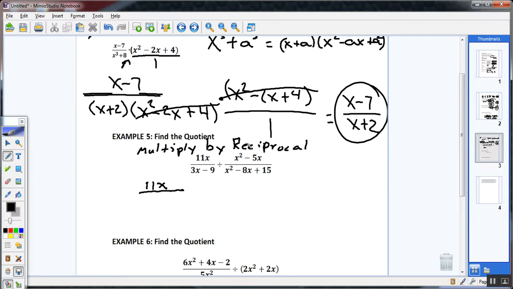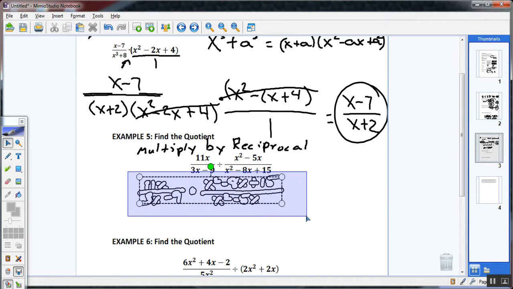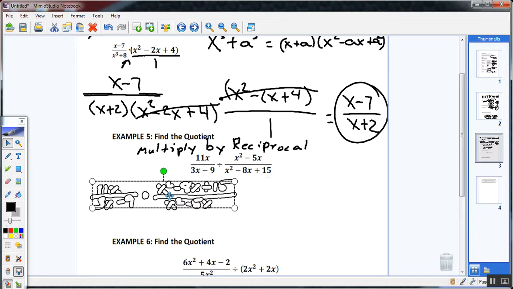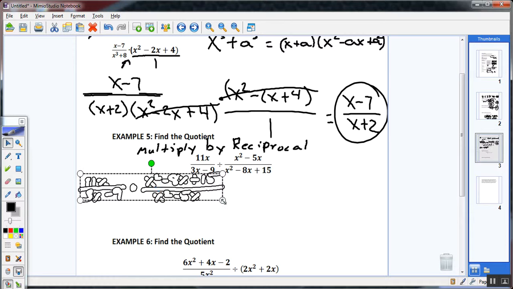Well, let's talk about that 3x minus 9 in a little bit, all right? But we're going to change this not to division, but to times what, kids? Over what? Okay, anytime you see division, what are you doing, kids? Multiply by the reciprocal.